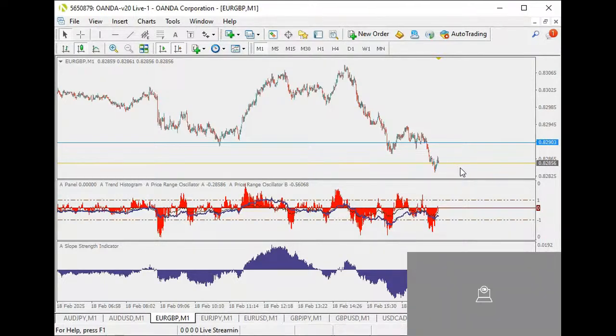But the probability, the odds are not high enough to warrant my entering a short position. I would be taking a chance, and I'm not gambling here. So I'm just going to pass this possible trade opportunity. I'm going to pass it by.